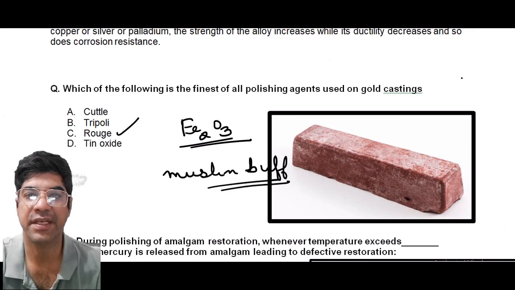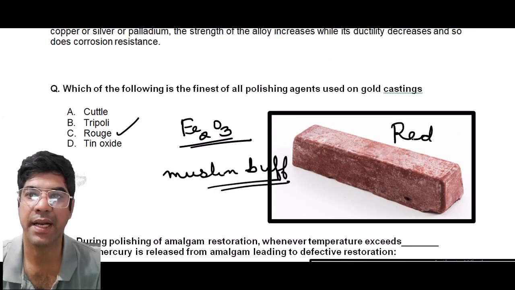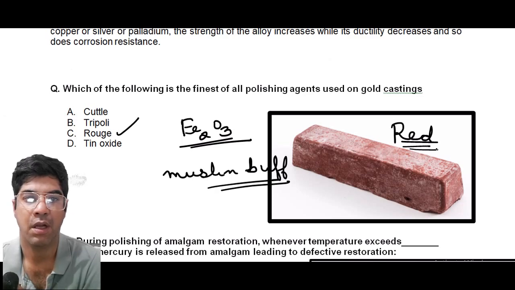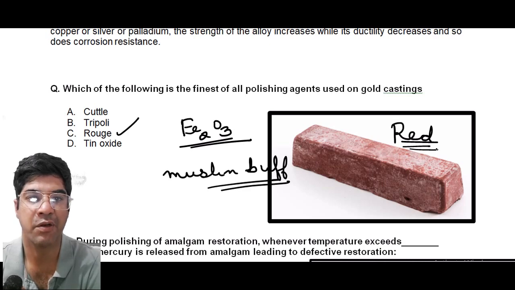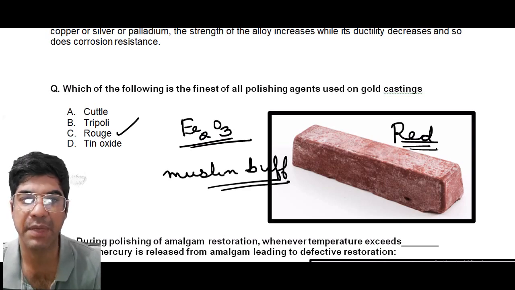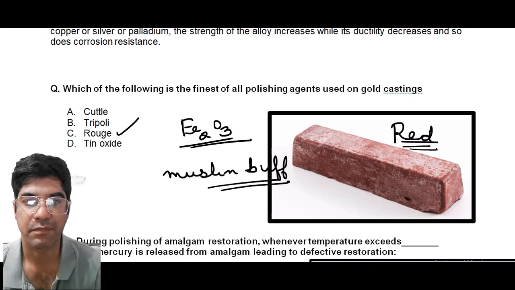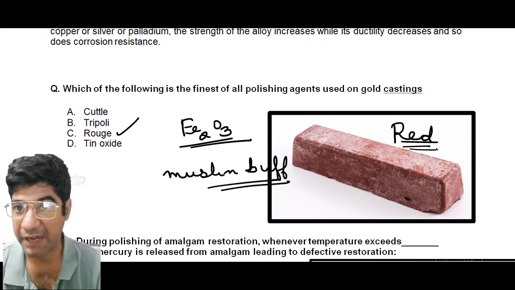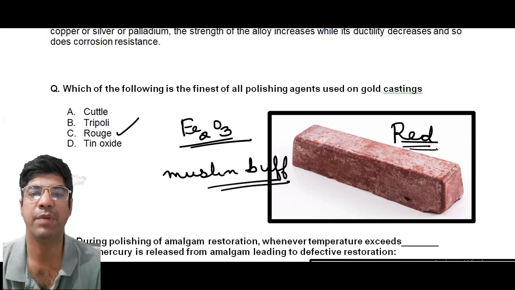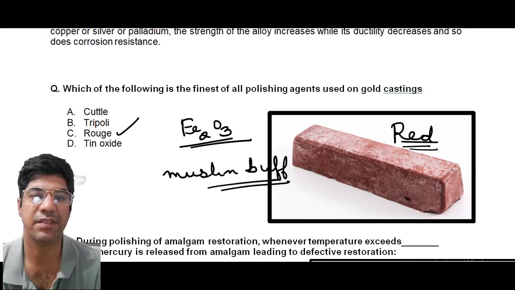So rouge is a red polishing compound that is composed of iron oxide. The particles are extremely fine and much finer than those found in other polishing agents. So these fine particles are responsible for producing a high finish surface.